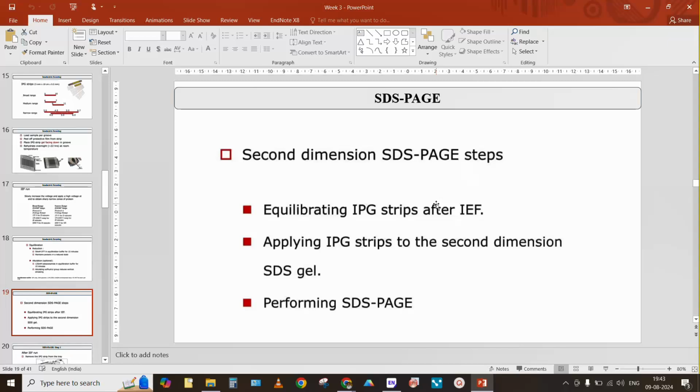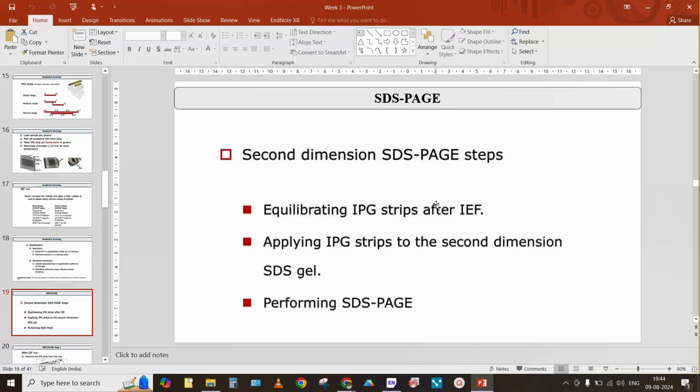This charge is proportional to the protein's length, meaning that when an electric field is applied, the proteins will migrate through the gel primarily based on size rather than charge. And on the other hand, PAGE is polyacrylamide gel. It is a mesh-like matrix that acts as a molecular sieve through which proteins migrate during electrophoresis. So the size of the pores in the gel determines migration, based on size rather than charge.